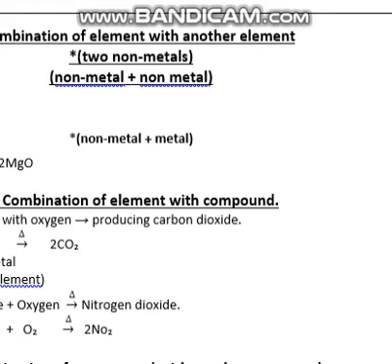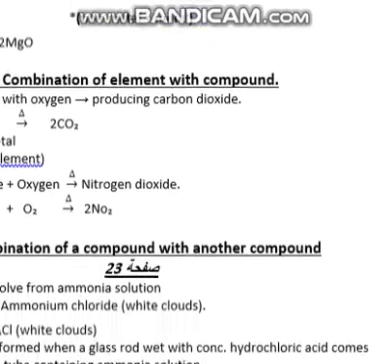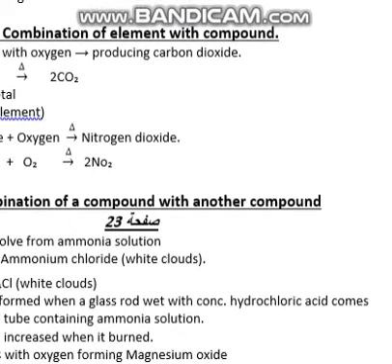So non-metal with non-metal produces carbon dioxide, and hydrogen plus chlorine produces hydrochloric acid. The second type, combination of element with another element, non-metal with metal: burning magnesium ribbon produces magnesium oxide, a white powder.